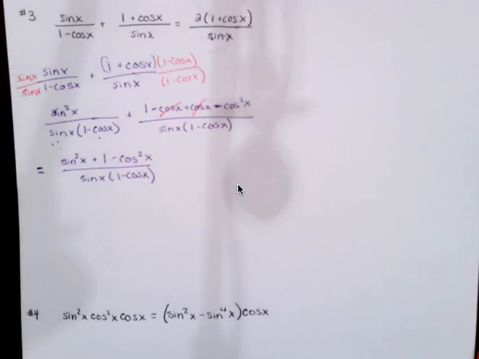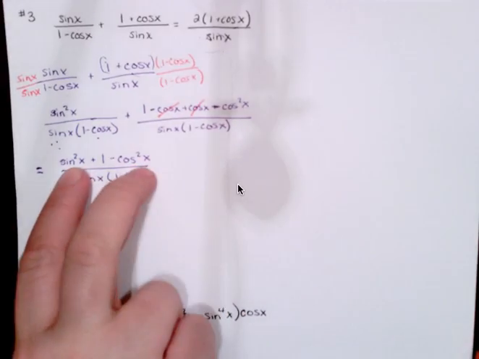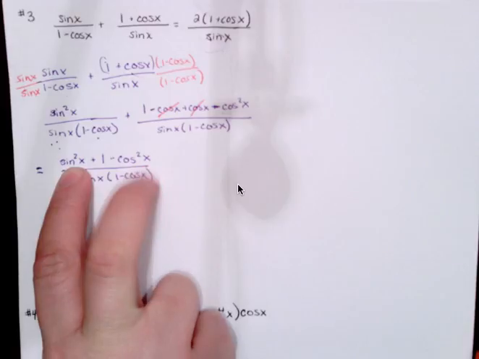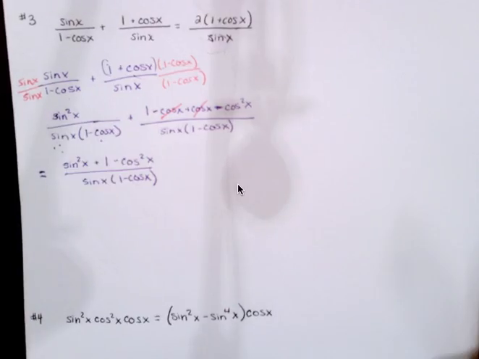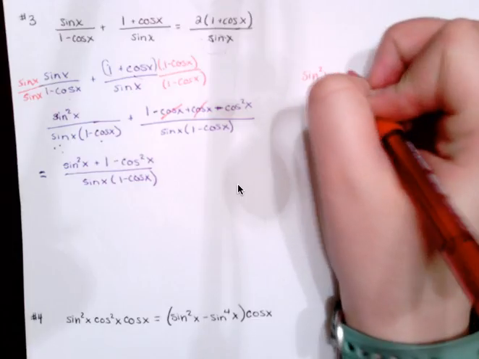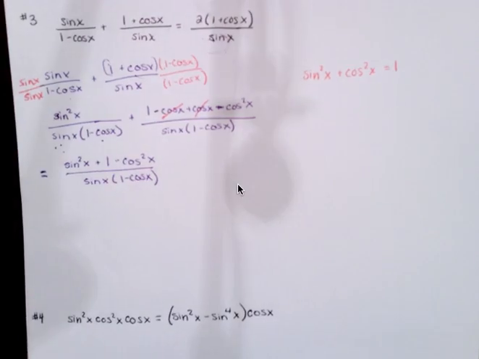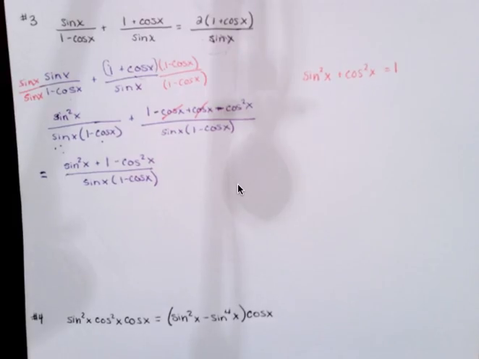Now, again, this is where a lot of people get stuck, and they're like, oh, but I can rewrite this because I have sine squared and cosine squared, that's 1. It's not, because it's 1 minus cosine squared. Remember, your identity is sine squared plus cosine squared equals 1. So that doesn't work.